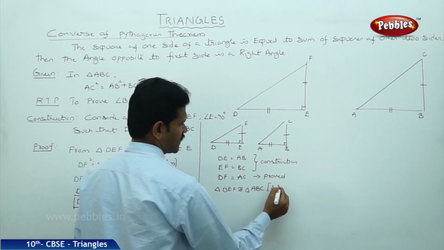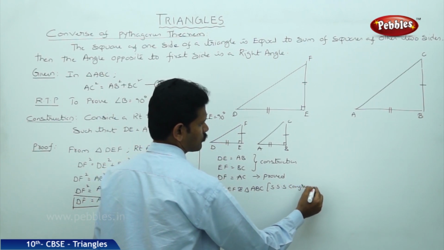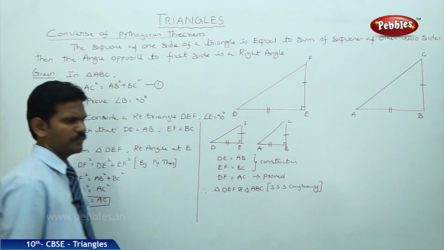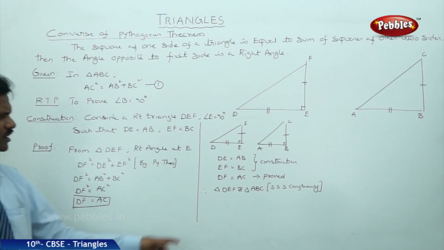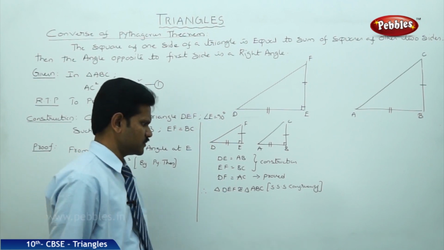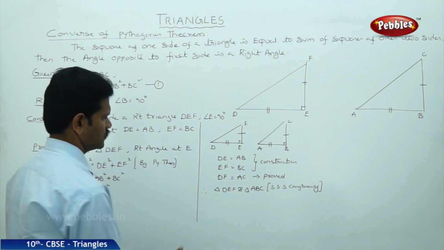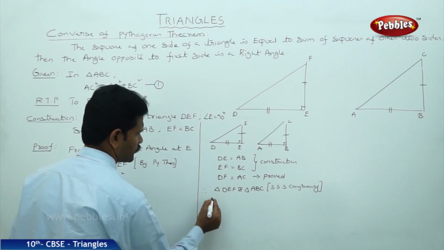Reason: side congruency. By side congruency, these two are congruent. In congruent triangles, corresponding parts are equal. What are the corresponding parts?